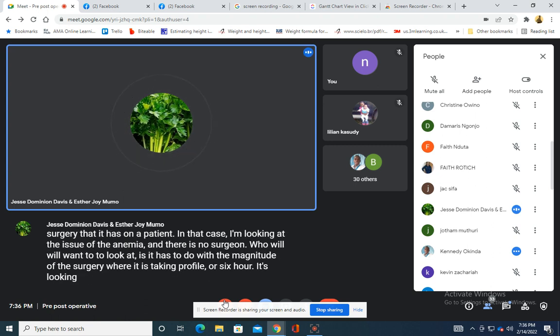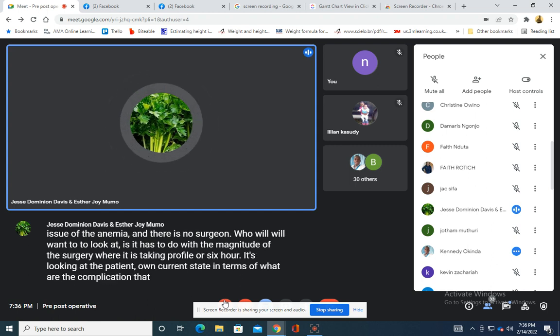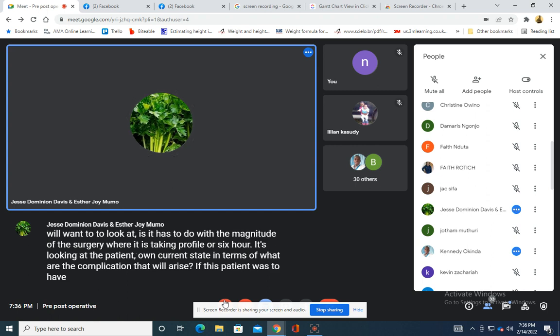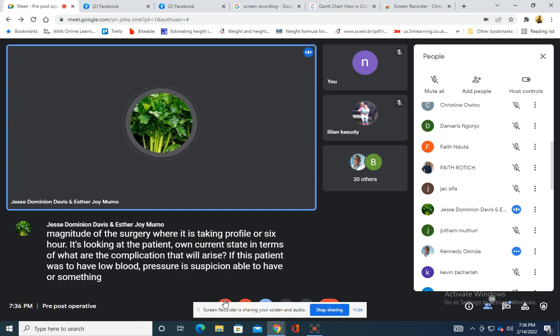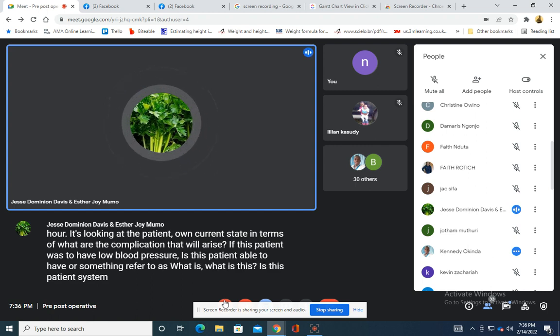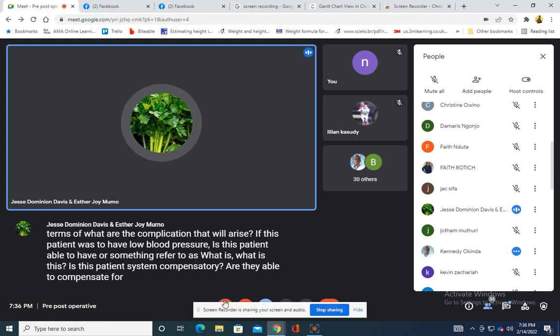It's looking at the patient's current state in terms of what complications will arise if this patient was to have low blood pressure. Is this patient's system compensatory? Are they able to compensate if there is a loss of blood?